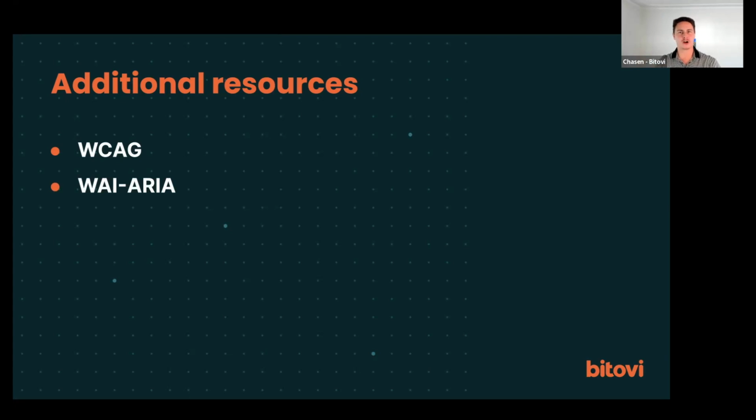We only touched on ARIA a little bit today. ARIA is the Accessible Rich Internet Applications specification. It basically says, we want to use semantic HTML as our base, and for whatever HTML doesn't provide, we can use ARIA to fill in any semantics. So the ARIA authoring practices are a guide for how to integrate ARIA into your application.